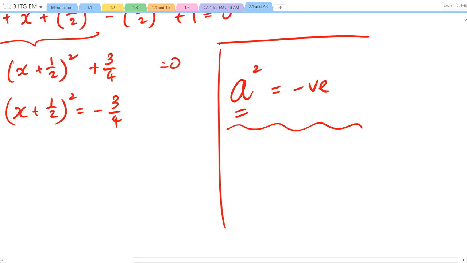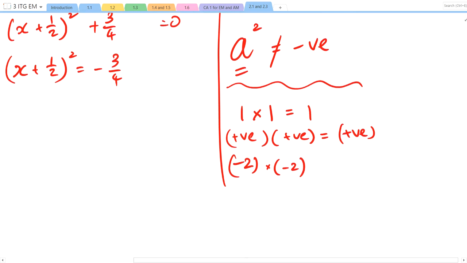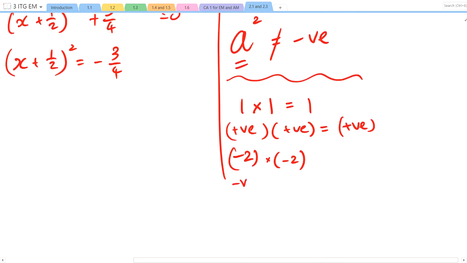Why is it that a square cannot be negative? What are some possible values of a? Throw me any random number. 1, okay. 1 times 1 equals to 1. So this is positive times positive gives you positive, right? Throw me another, negative 2. Negative 2 times negative 2 is actually negative 2 square, isn't it? We've got negative times negative.